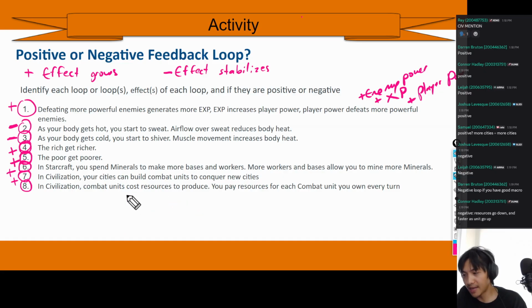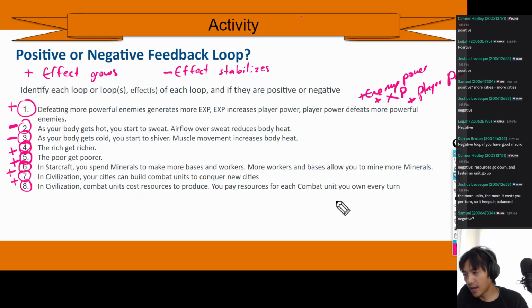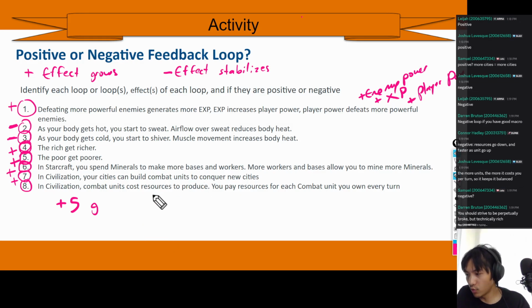So you can build less. The cost to produce and the cost to own them every turn means that, let's say, if you get 5 gold every turn and it costs you 2 gold to make a soldier, then you can make two soldiers every turn, right? But not forever. On turn one, you can make a soldier.